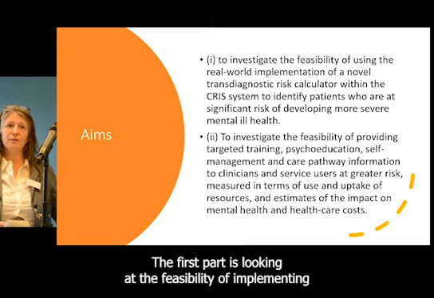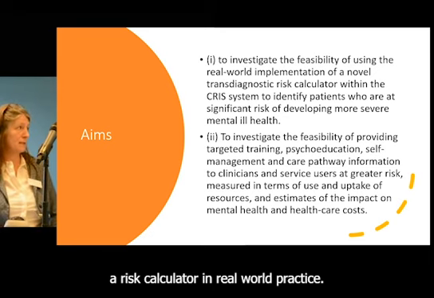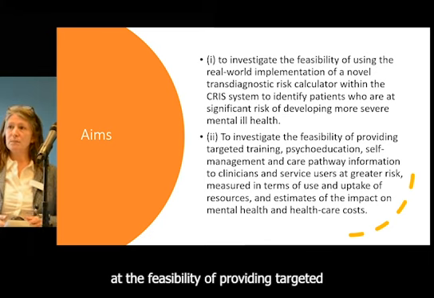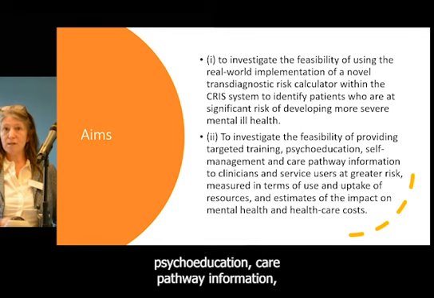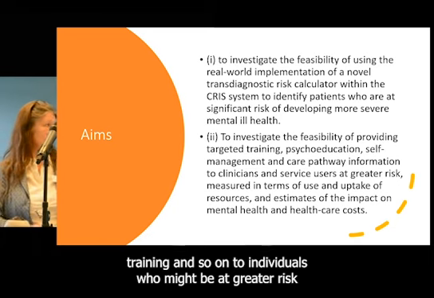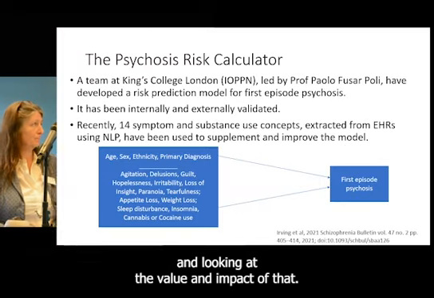The first part is looking at the feasibility of implementing a risk calculator in real-world practice, and the second part was looking at the feasibility of providing targeted psychoeducation, care pathway information, training and so on to individuals who might be at greater risk, and looking at the value and impact of that.